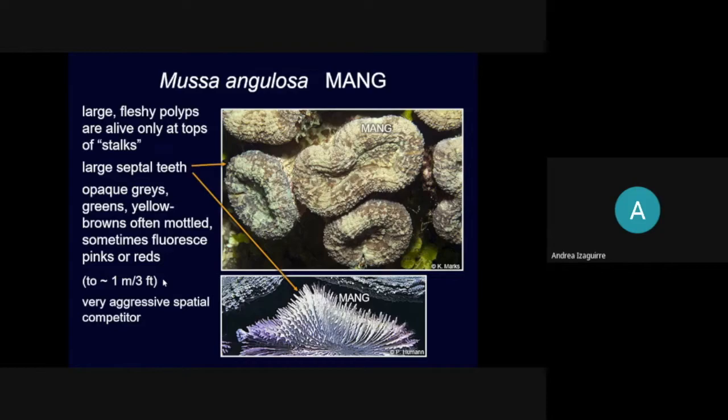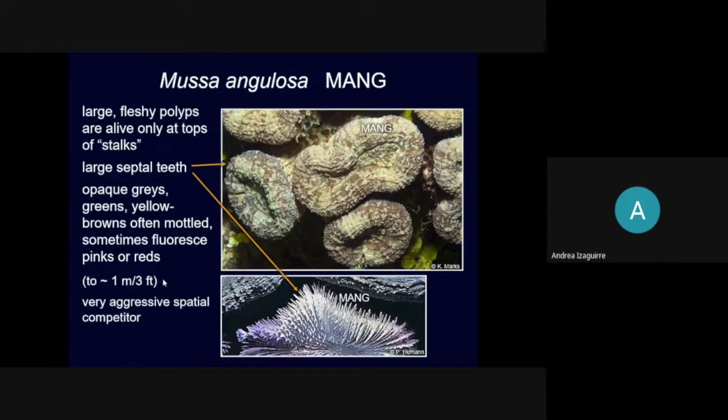So this one does grow into colonies, and those colonies can grow to be quite big. They will usually come in a grayish color, but it'll also have quite a few colors thrown in there, so it will often look mottled. And it only has live polyps at the top.